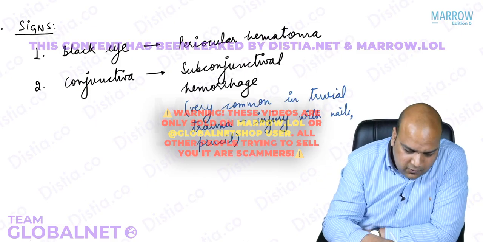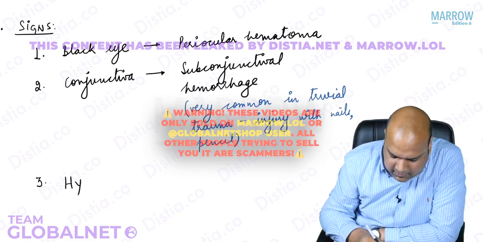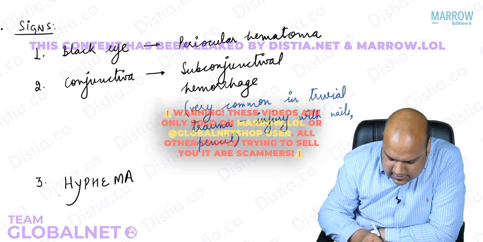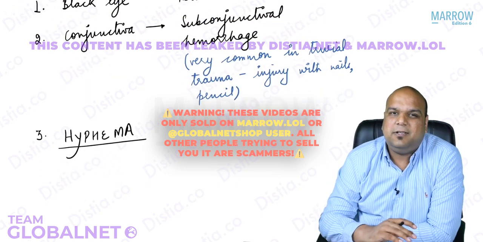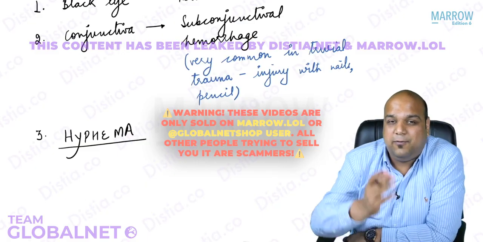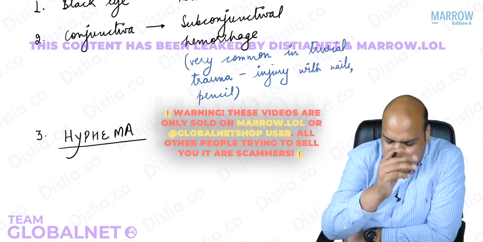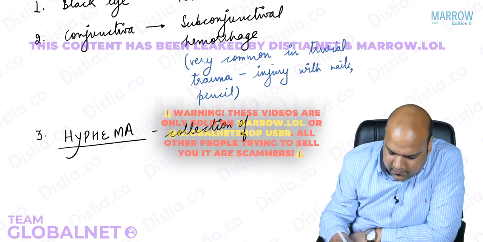What we are concerned about is number 3. In the anterior chamber, on severe blunt trauma, you will see hyphema. We have heard this word 3 or 4 times by now, I hope, if we are following the series of lectures. So what is hyphema? Hyphema is collection of blood in the anterior chamber.